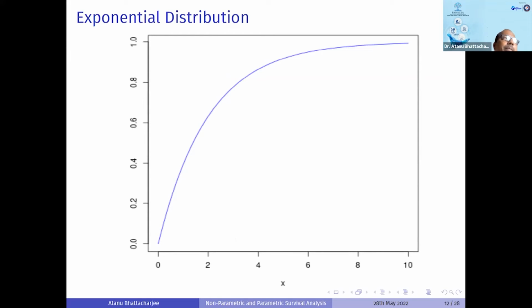Now, you can capture the data in a particular distribution form. The exponential distribution is one typical example. You can see that as time passes, the number of persons grows very rapidly.